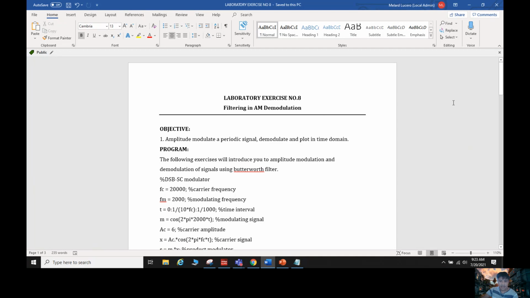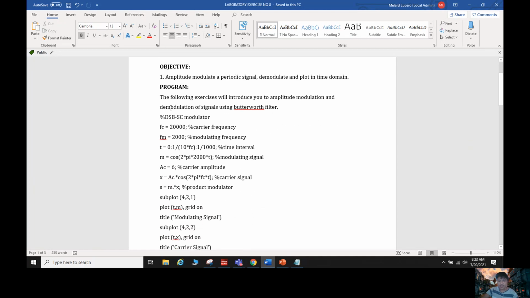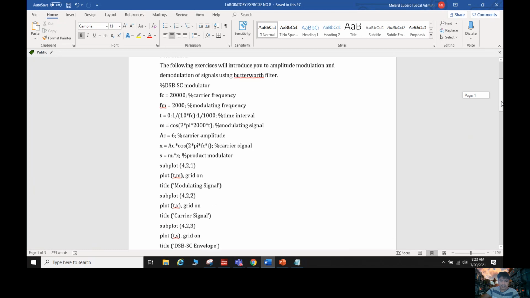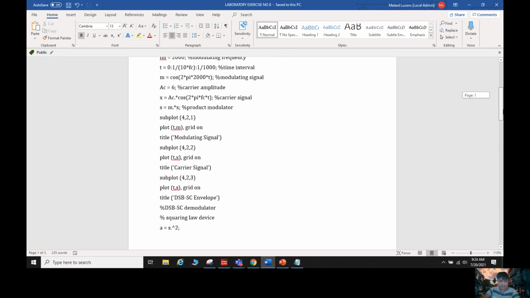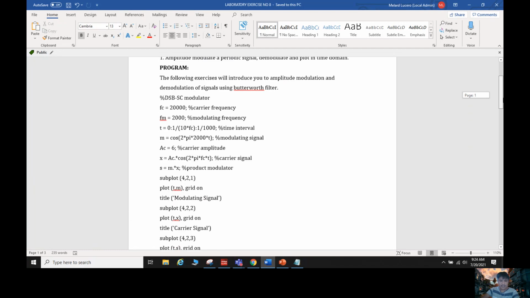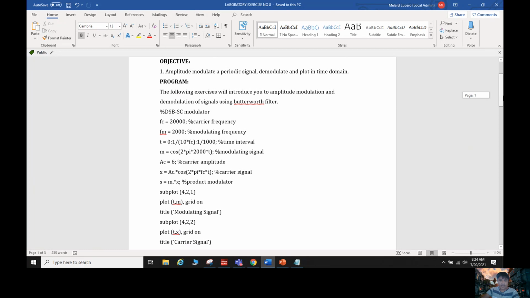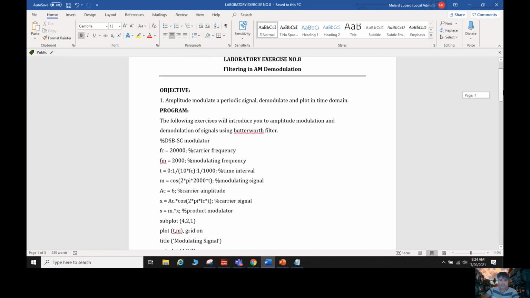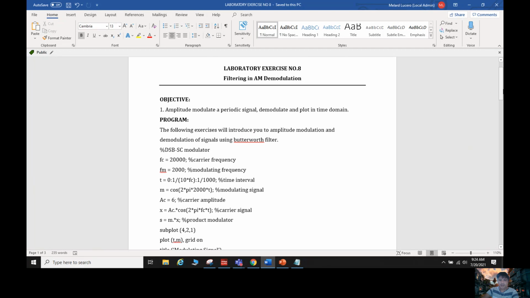We have a set of code that is given to us so that we can identify and see what the demodulation of an AM signal shows. Okay, so let us first analyze this code.